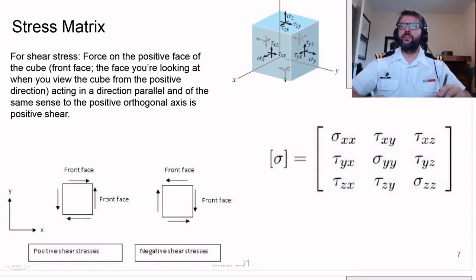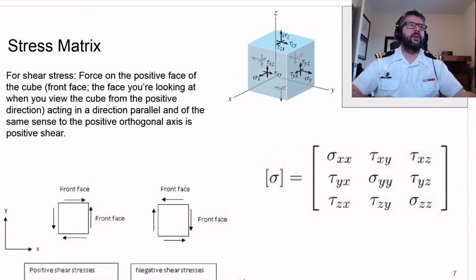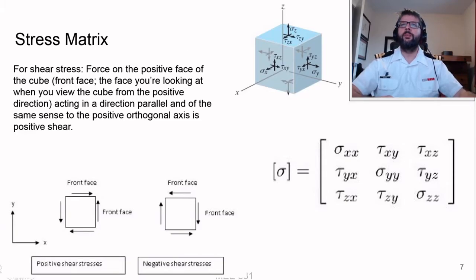So for the shear stress, again, if the force is on the positive face of the cube. I'd like to make it clear here, when I say it's on the positive face of the cube, I mean that it is on the face of the cube that is pointed towards the positive axis in question.